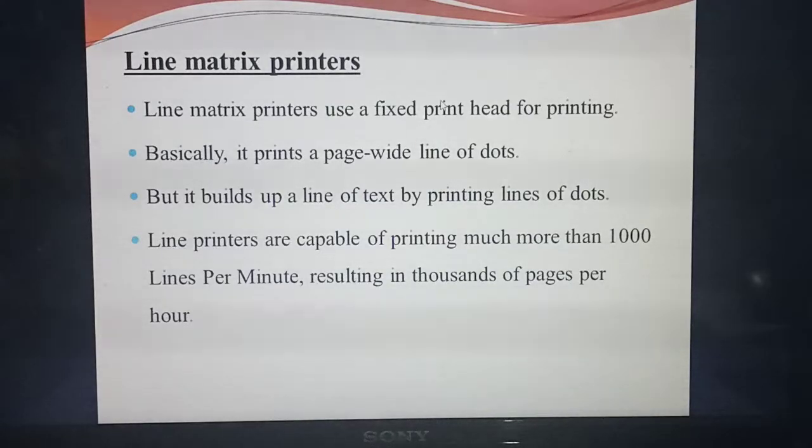Sometimes they will ask to differentiate between the line matrix printer and the dot matrix printer. The line matrix printer contains a fixed number of printing heads for printing. This printer is always used to print a line of dots.